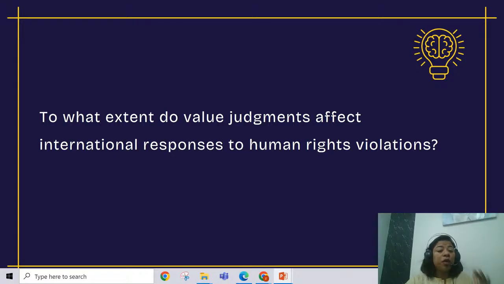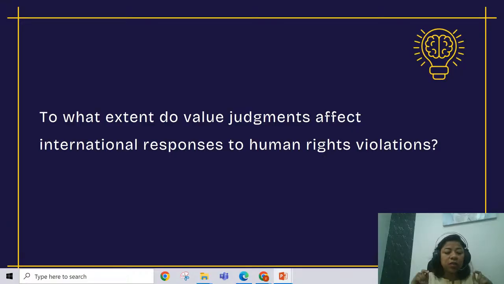The type of question asked in the paper is, to what extent do value judgments affect international responses to human right violations? Now here, most of the time, learners end up answering this question by writing a judgment based on just the evidence given in the source.